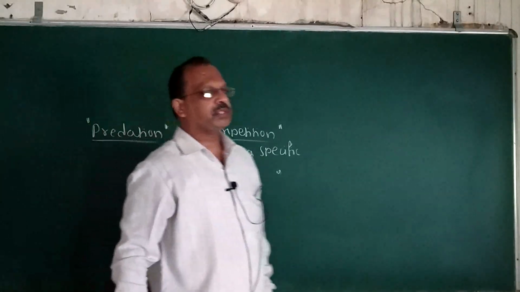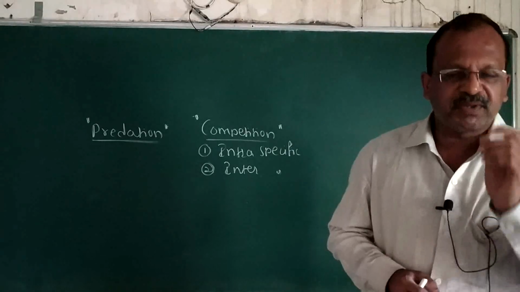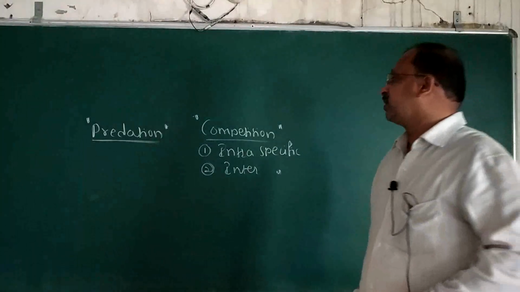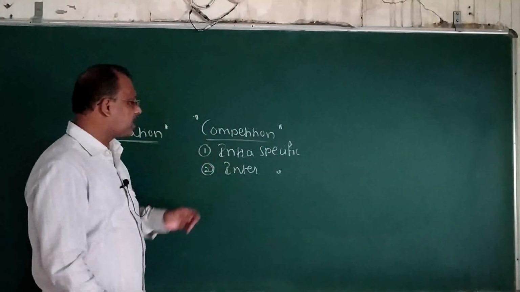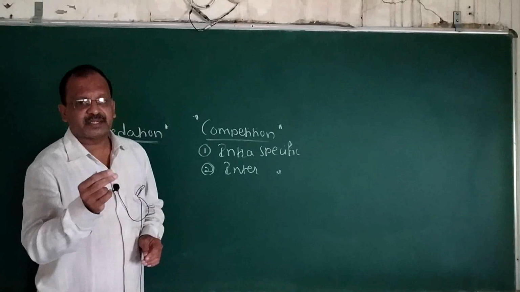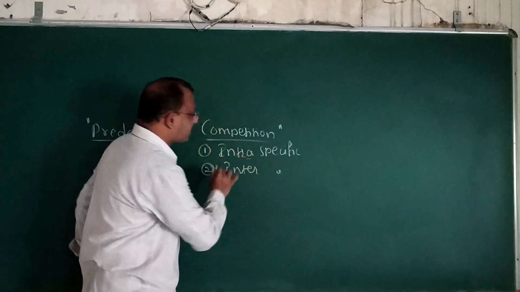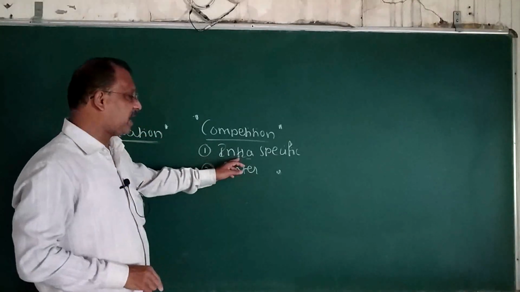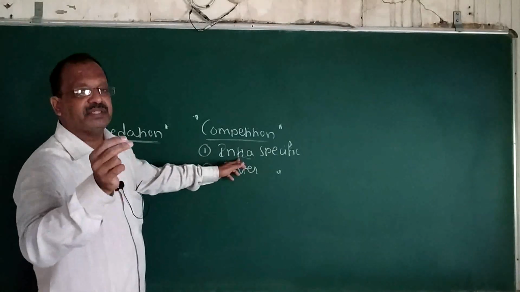Look over, competition is a process in which the fitness of one species is significantly lower in the presence of another species. Competition is of two types, intra and interspecific competition. If the competition occurs between the individuals of the same species, then it is called intraspecific competition. Intra means inside.